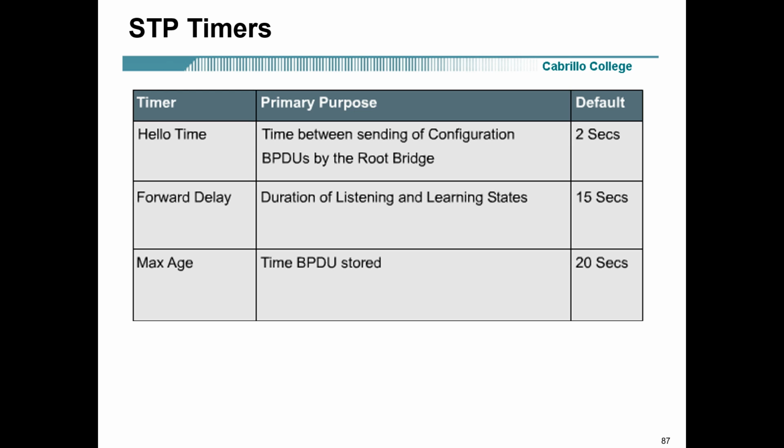Let's talk about our STP timers. A hello timer is the time between sending of a configuration BPDU by the root bridge, and its default is 2 seconds. Forwarding delay is the duration of listening and learning states, again 15 seconds, and the max age of the BPDU stored is 20 seconds.